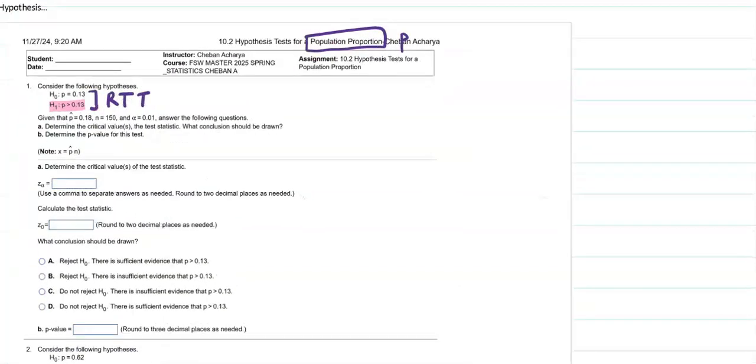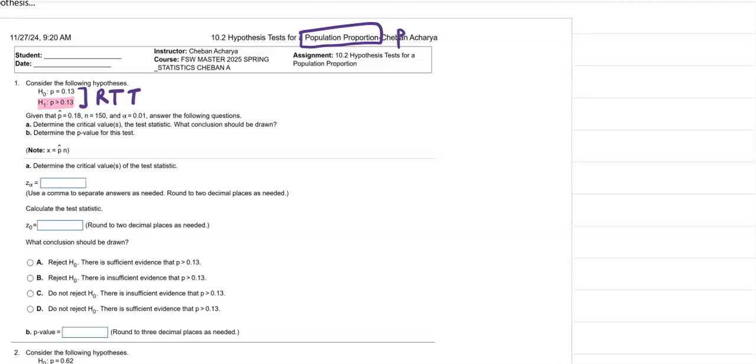Now, to find the critical value, I first draw the graph. Here is the z-score, and this is the standard normal curve. This point is z equals 0. Since this is a right tail test, my graph is going to look like this.